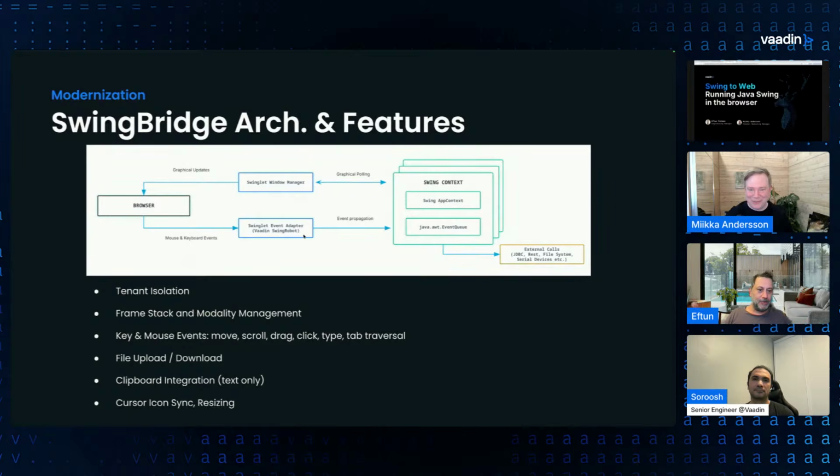File upload and download is covered with the generic approach with the JFileChooser. As I said, Swing applications have real wild ways to select files and flush content to the file system. We have text-only clipboard integration and the synchronization for the cursor icon, so that you can resize, those little details.